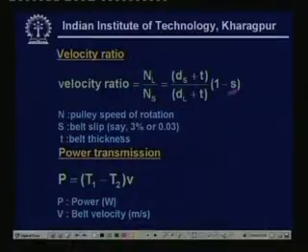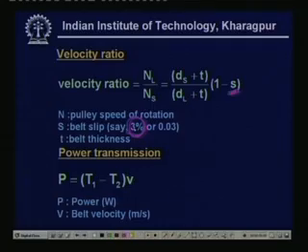Now, if we understand this idea, then the velocity ratio NL by NS equals (ds plus t) by dL into (1 minus S). Normally, around 3% slip is something we can consider a standard value, though it is not a final one.